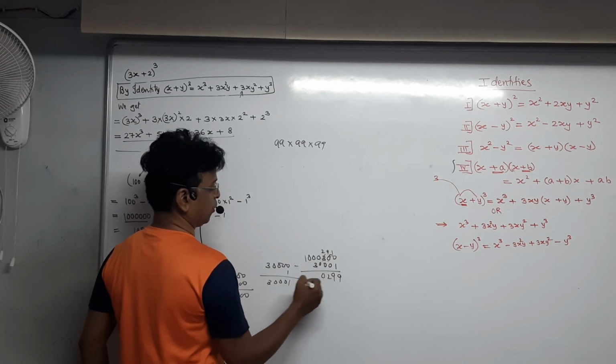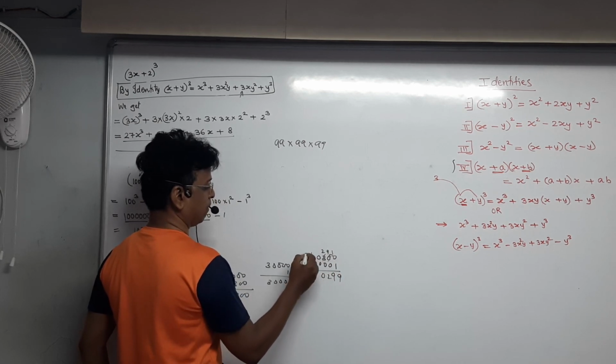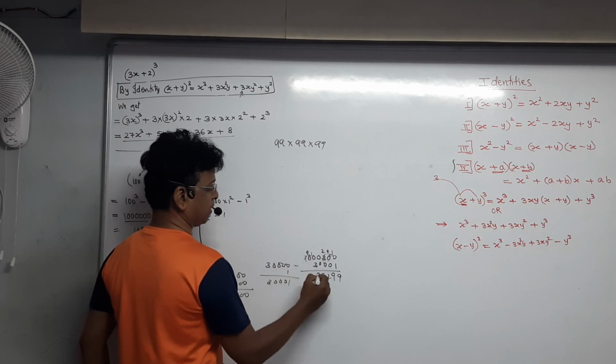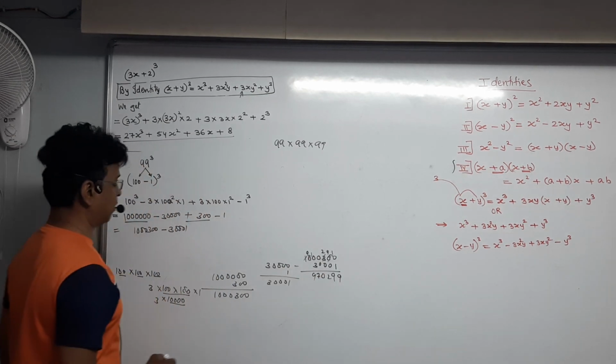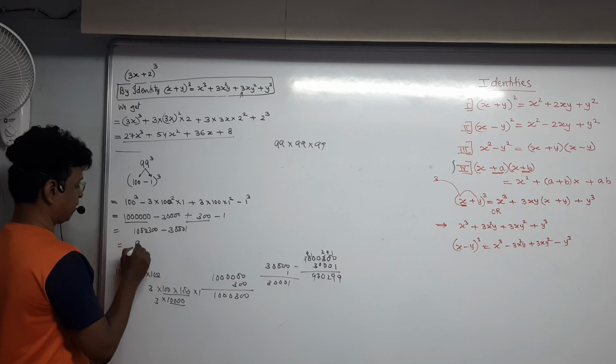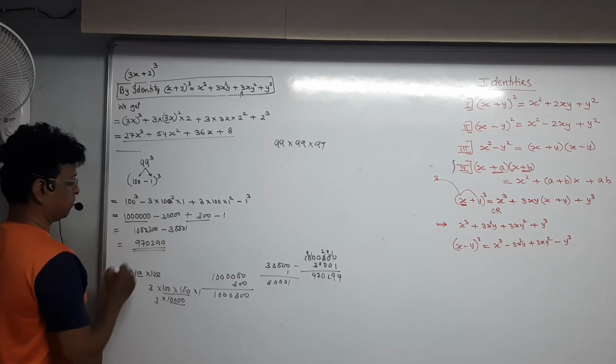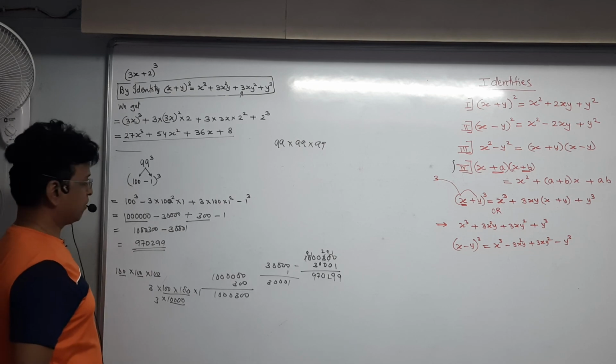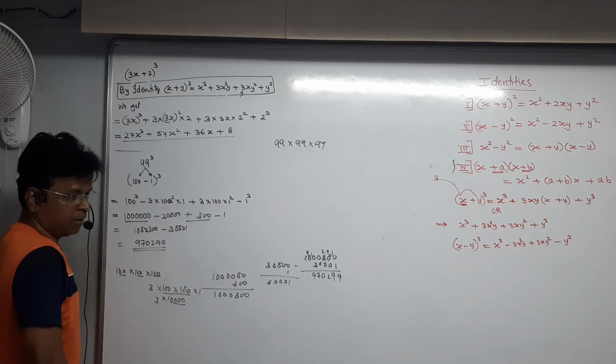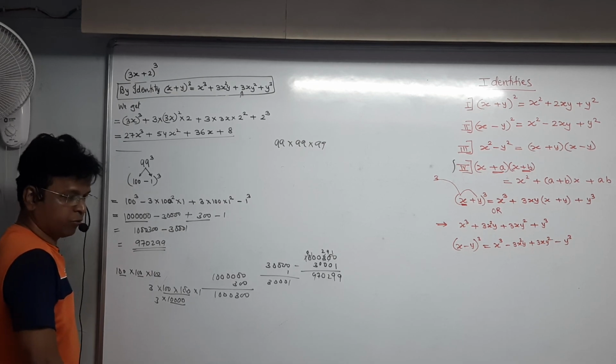Again 10 minus 3, 7. 9, 7, 0, 2, 9. This should be the answer: 970,299. Are you getting my point? This is the way you have to use this.